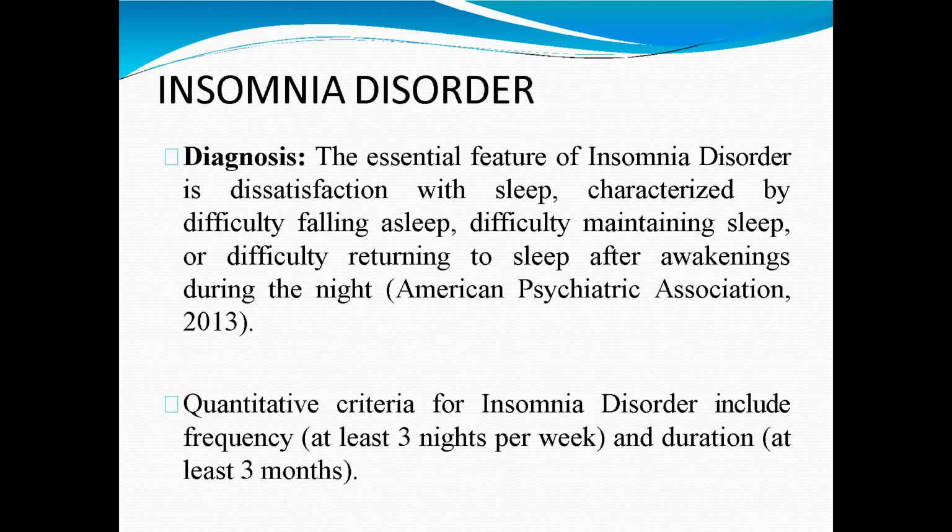But here, if we don't get sleep for at least 3 nights per week, and this duration is at least 3 months, that is, for 3 months, at least 3 nights per week, there is a difficulty in falling asleep, then we call it insomnia disorder. This is the criteria for classifying it as insomnia.